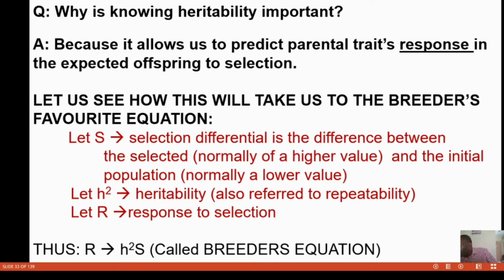So this knowledge will let us go on to understanding the concept of the breeder's favorite equation.